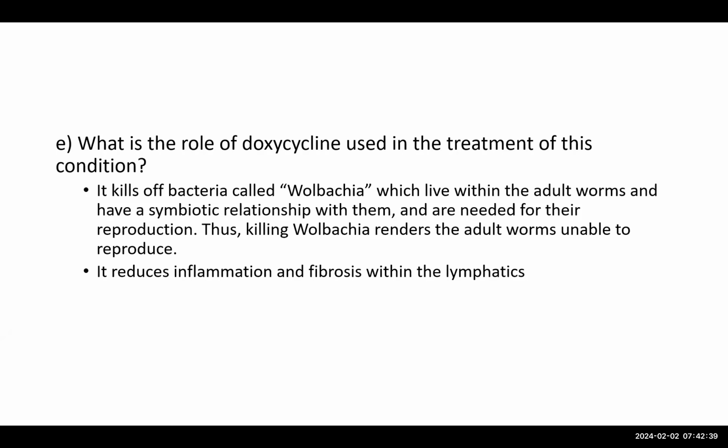So if doxycycline is given, it can kill this Wolbachia and thus limit their ability to reproduce. In addition, it might also reduce inflammation and fibrosis within the lymphatics, thus sort of retarding the progression of the disease. So these are the 5 questions that we've answered.